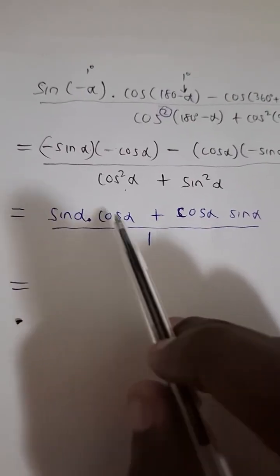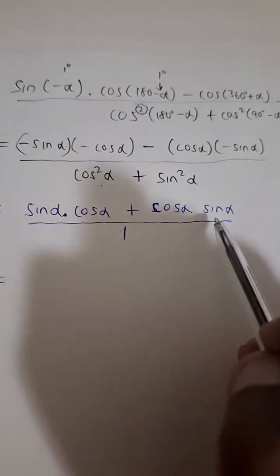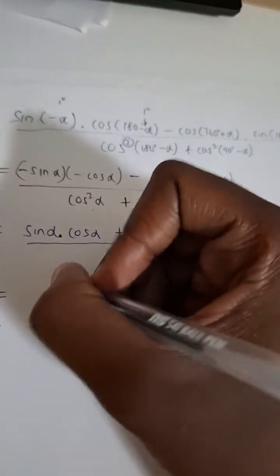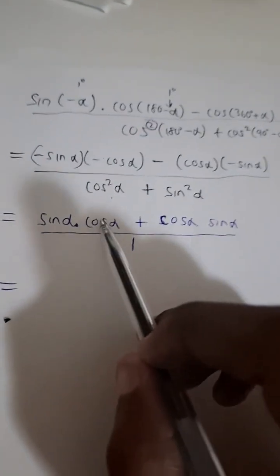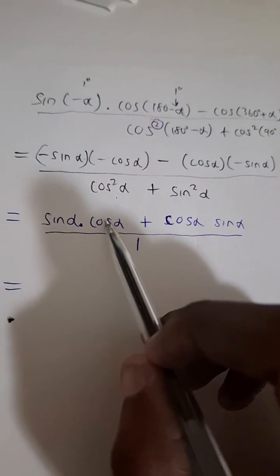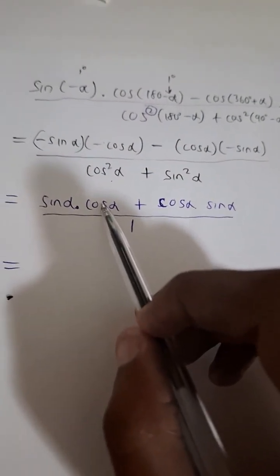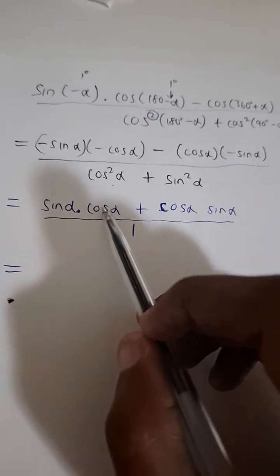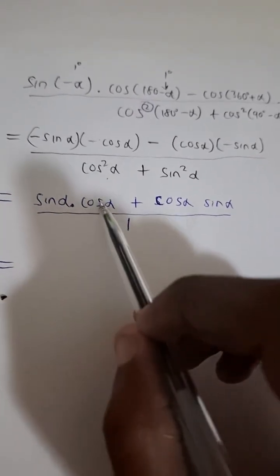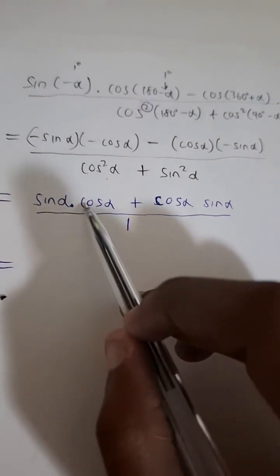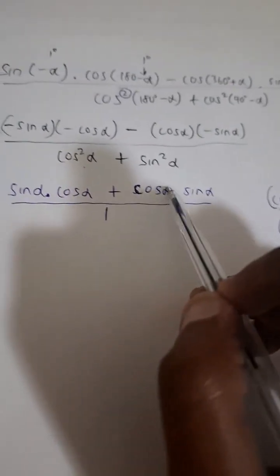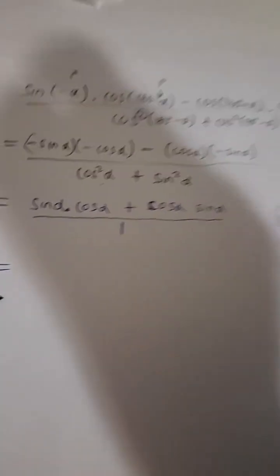What's sine squared alpha cos alpha plus cos squared alpha sine alpha? That is our compound angle. In actual fact, those who say it's a compound will say it's sine of alpha plus alpha in brackets, and then they will get sine 2 alpha. Some of you will see like terms, sine alpha cos alpha plus cos alpha sine alpha. Those are like terms.